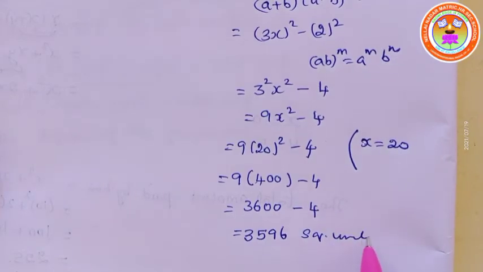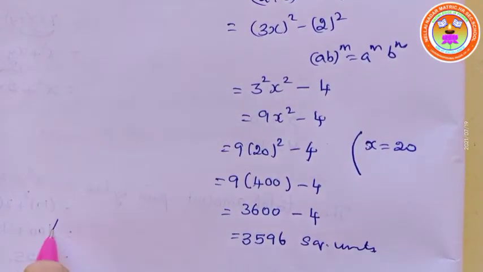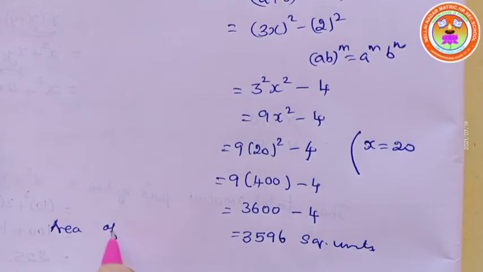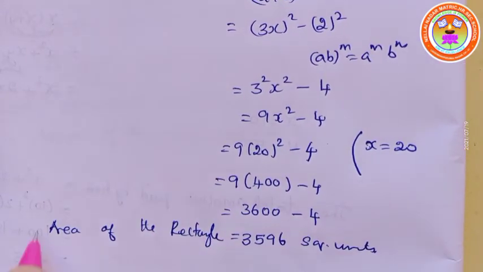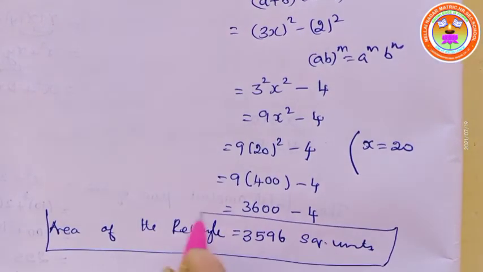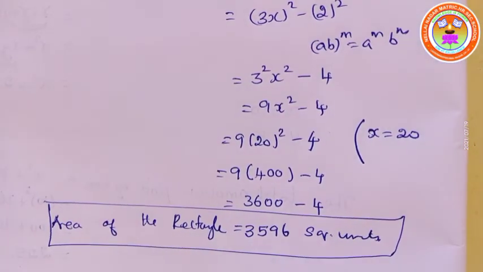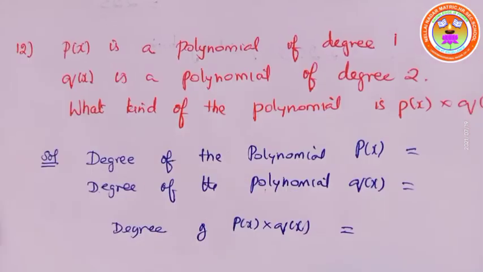It's clear, children? This is the area of the rectangle. Therefore, the area of the rectangle is equal to 3596 square units. It's clear, students?